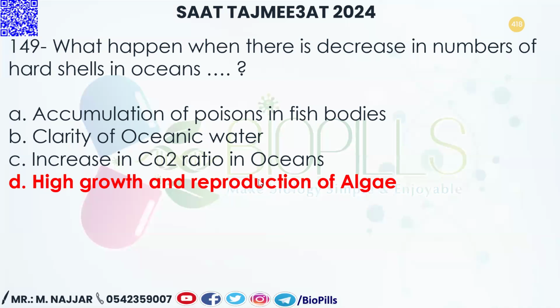We have a lot of hard shells in the ocean. When there is a sharp decline in them, this is due to algal increase. High production of algae is connected to it.